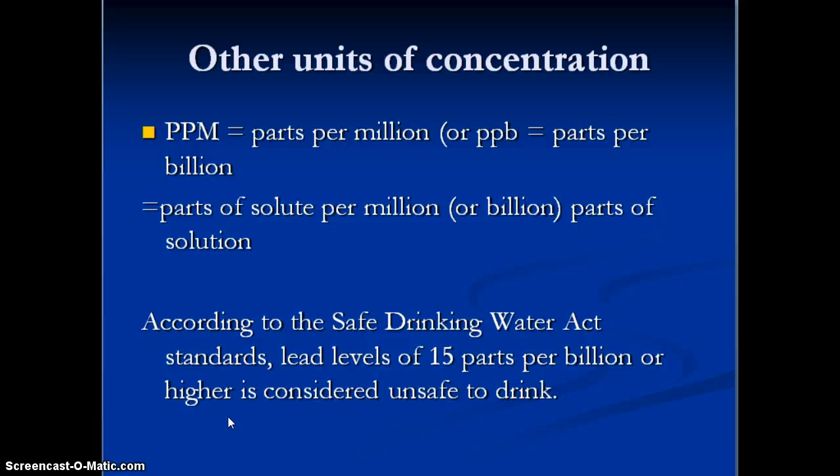You also might see parts per billion. So an example is, according to the Safe Drinking Water Act, if you were to go to that website, the standard level of lead that is acceptable is 15 parts per billion. Anything higher than that is considered unsafe to drink.